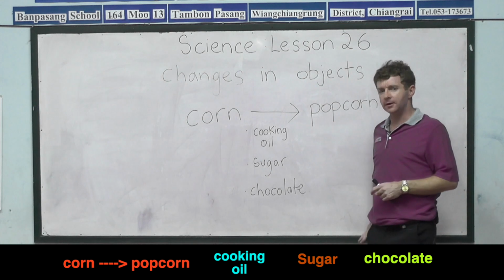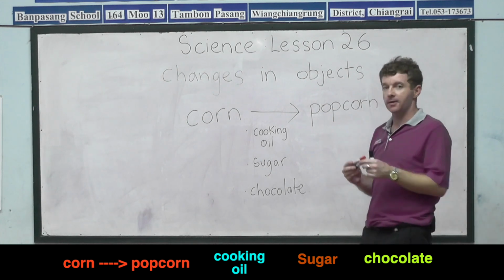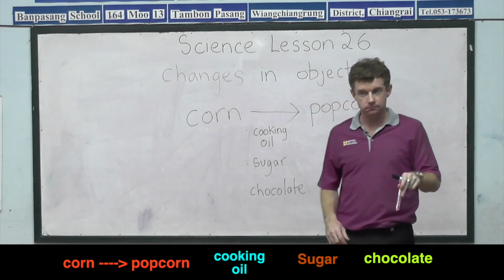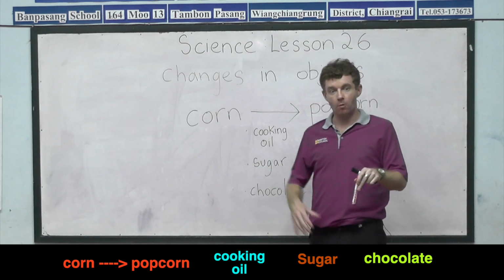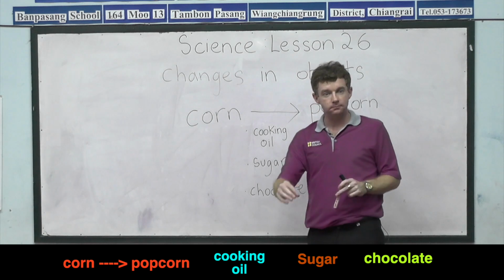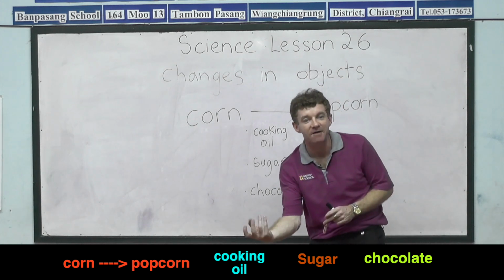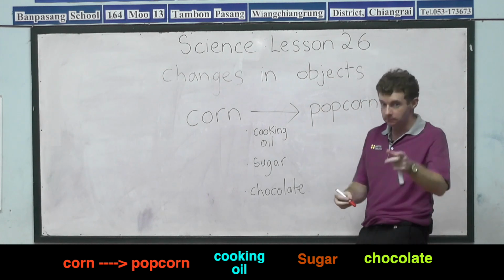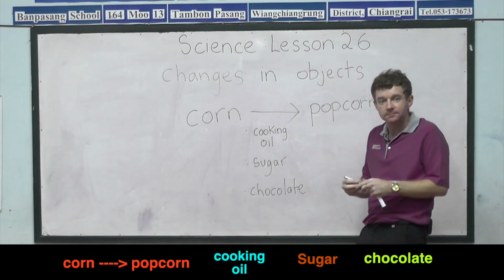But what was the main factor that made the corn go pop? What did we have to have at the bottom? I'll give you a clue. Red. And what did we do?